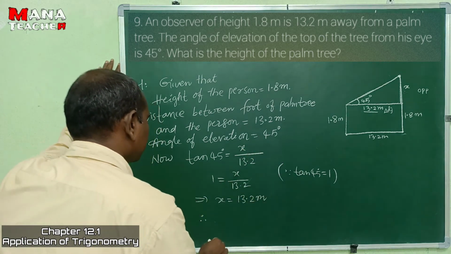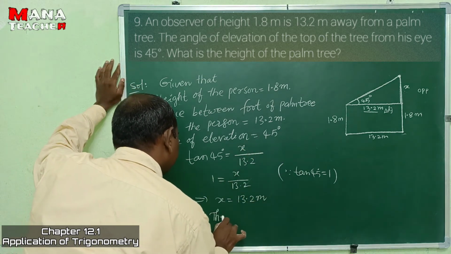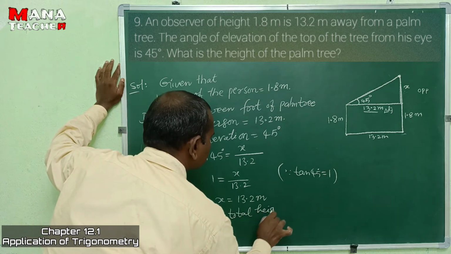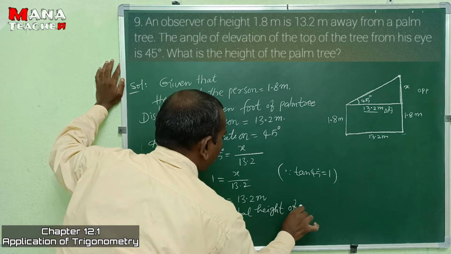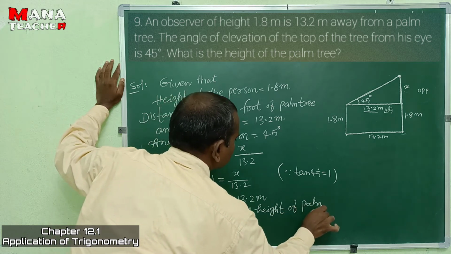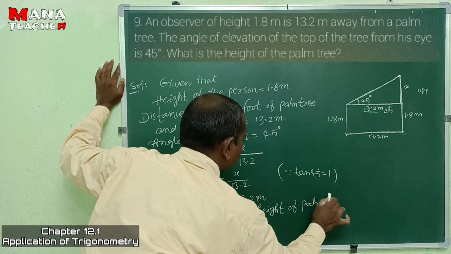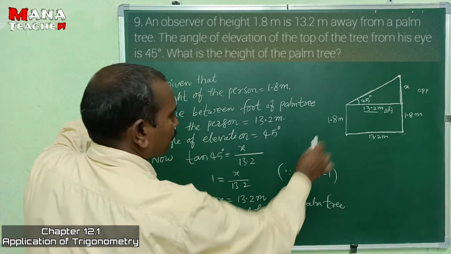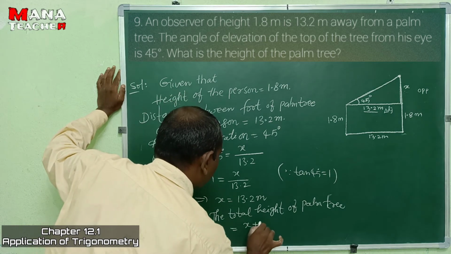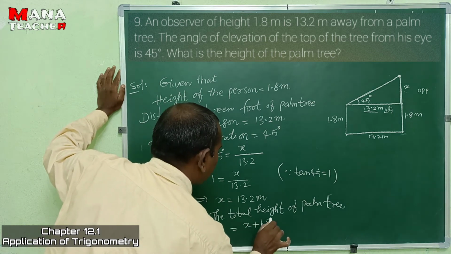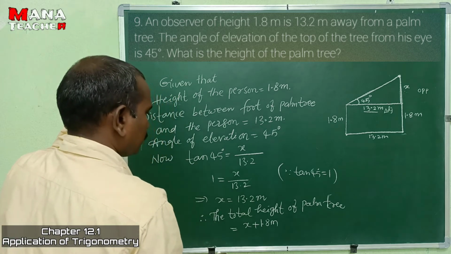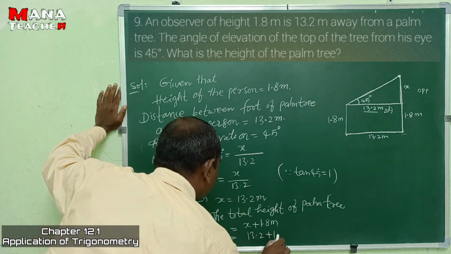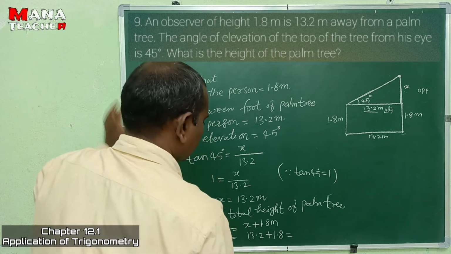Therefore, the total height of the palm tree is x plus 1.8 meters. So that equals 13.2 plus 1.8.